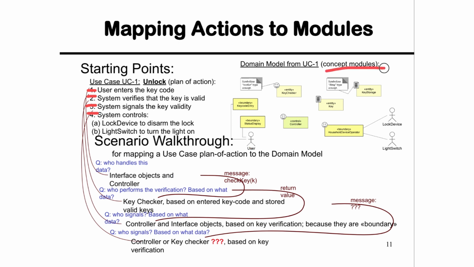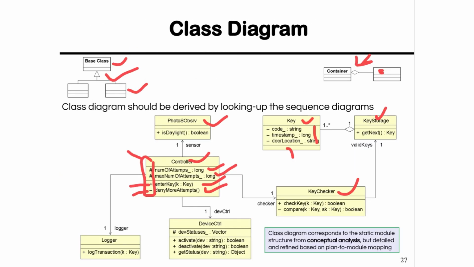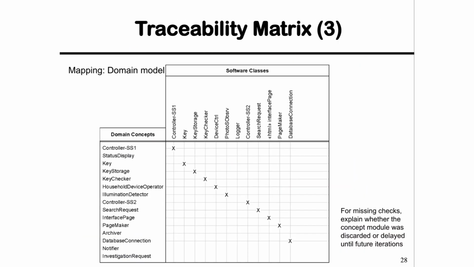You shouldn't just disregard or reject these concept modules once you start diagramming classes. There is a need for correlating or mapping your classes with the concept modules, and that is done by a technique called the traceability matrix. In the traceability matrix, column-wise you will have software classes, and row-wise you will have concept modules.